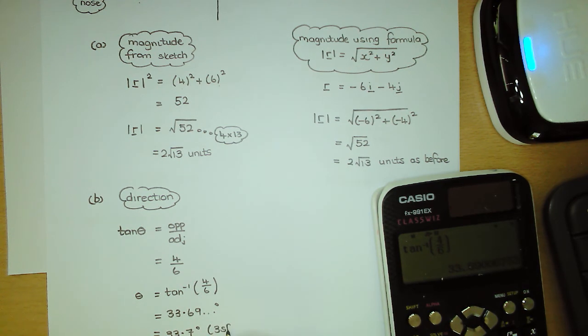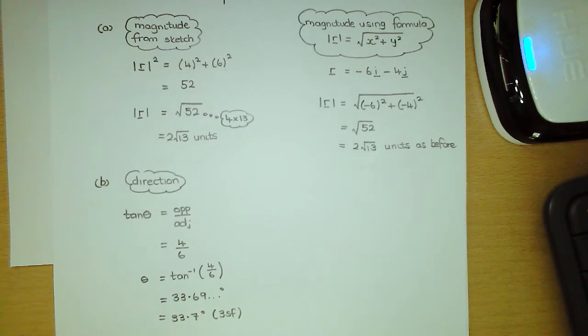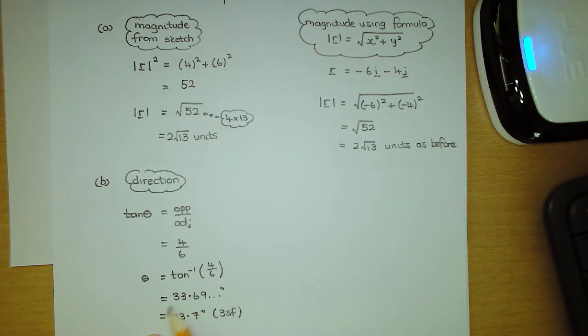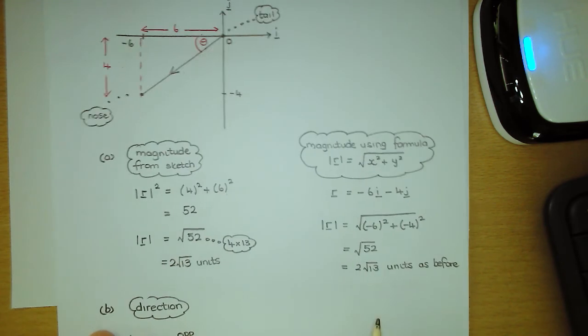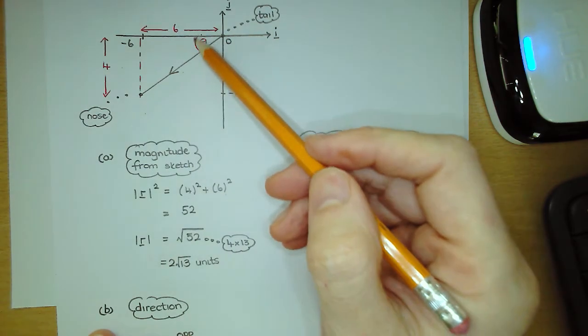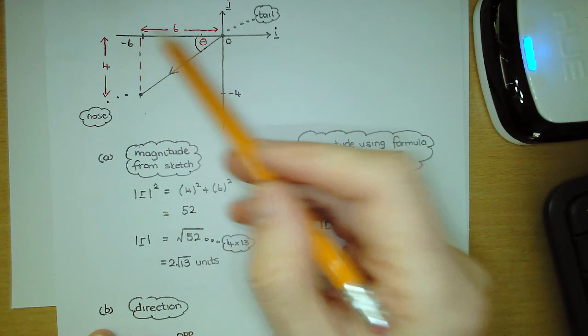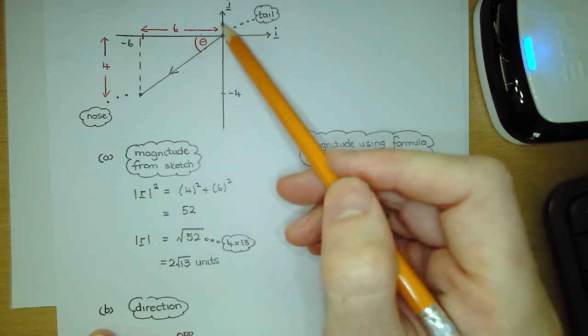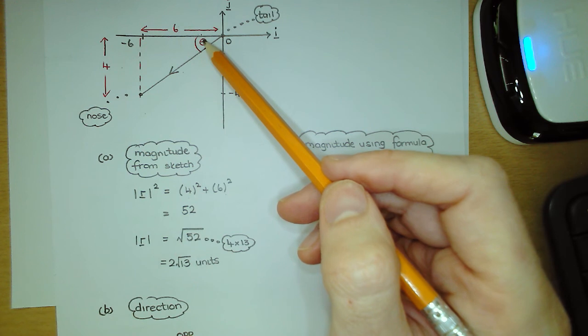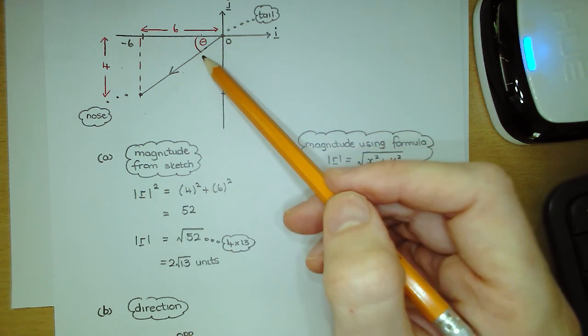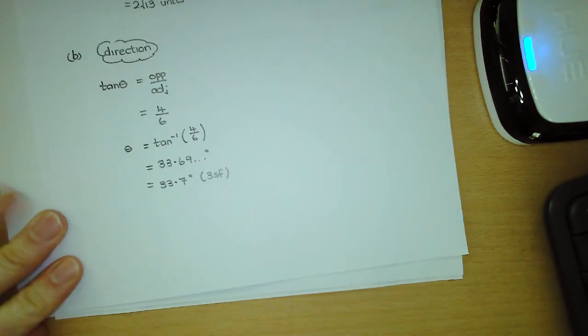Now we're still not done because, yes, we've worked out the angle, but we need to specify where the angle is. So if we go back here to our sketch, the angle is measured down from the negative y-axis. So obviously this is the negative y-axis, so we need to say that the angle is 33.7 degrees and it's below the negative y-axis.